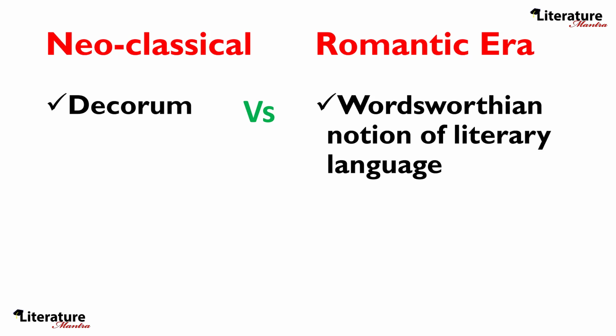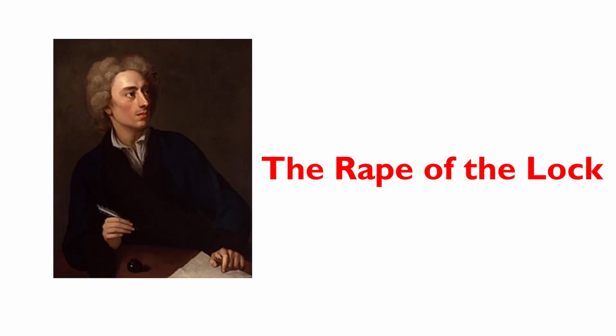In other words, the notion of decorum as it was practiced during the Augustan era versus the Wordsworthian notion of language used by ordinary men as practiced in the Romantic era. The point is, you can make such references even while you answer a question on The Rape of the Lock. In this way, you are adding another dimension to your answer.